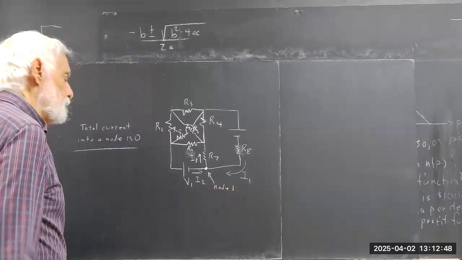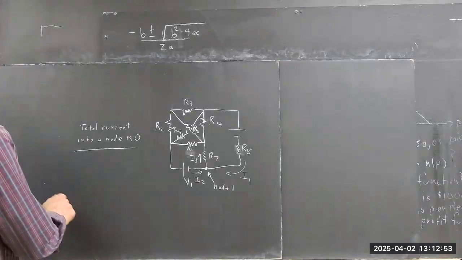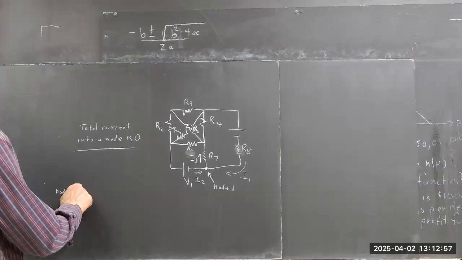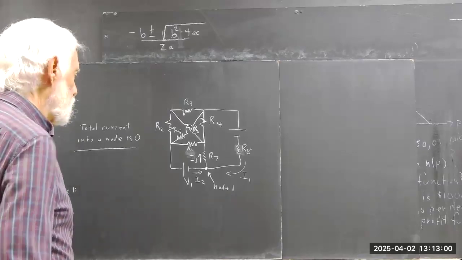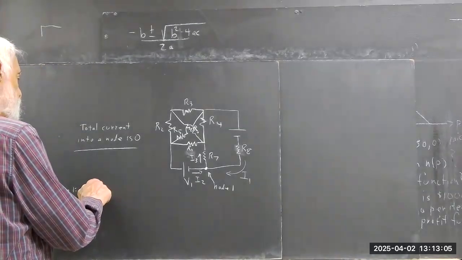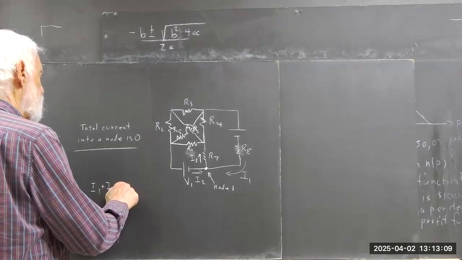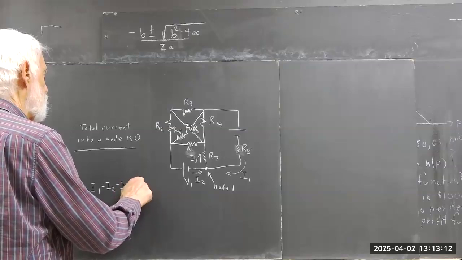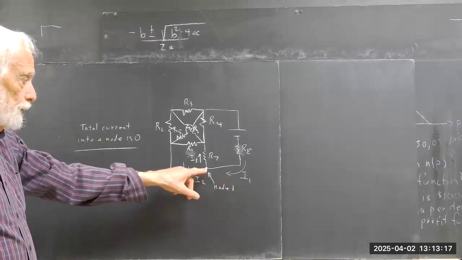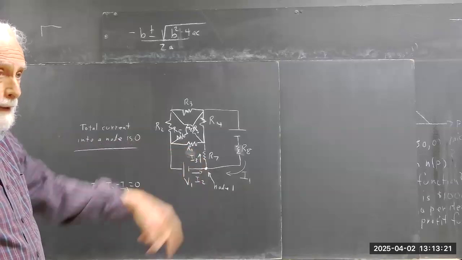And just for clarity, I'll write it as node 1, and now I can write an equation. So much current flows into node 1. And I2, the way I've drawn these, flows into this node, and I3 flows out.